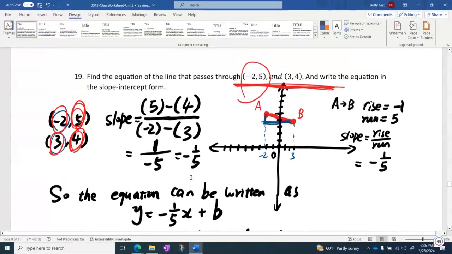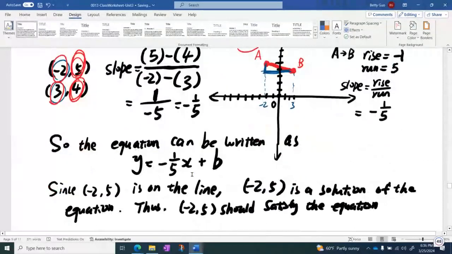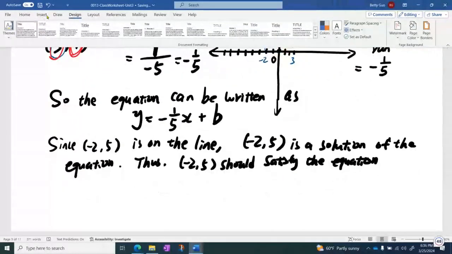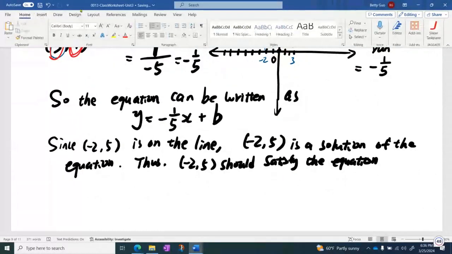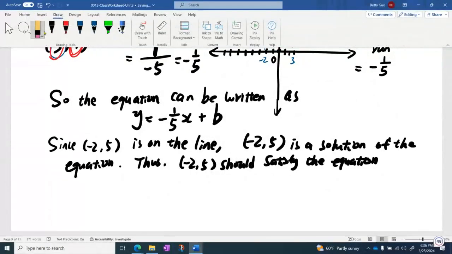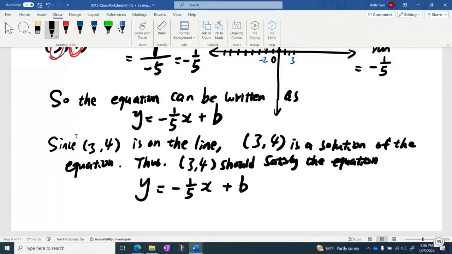I changed my mind. I want to plug in 3, 4. It really doesn't matter. The reason I changed to 3, 4 is because I don't want to handle the negative sign. The equation is y equals -1/5x plus b.